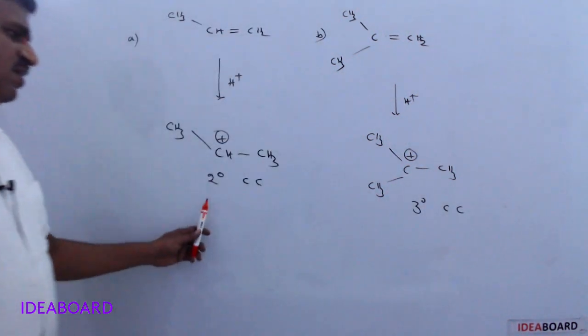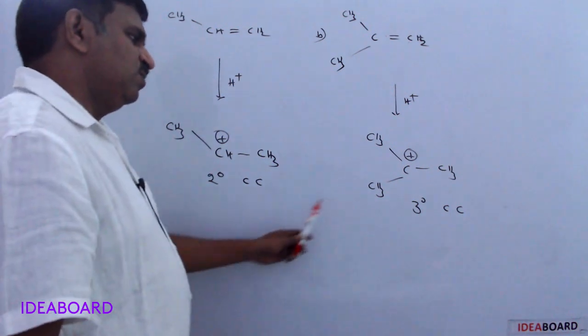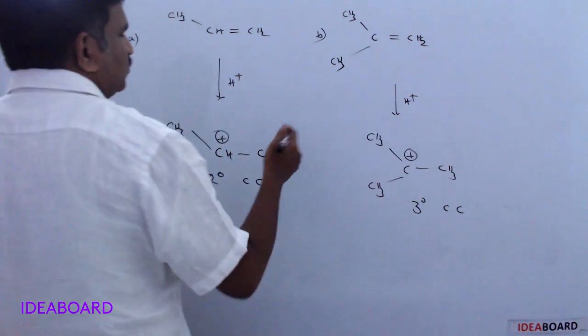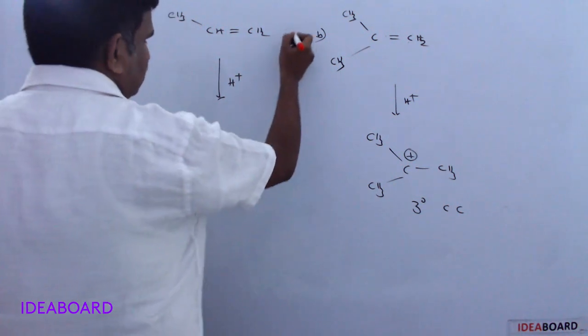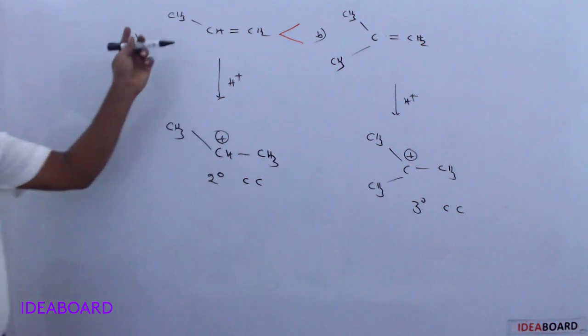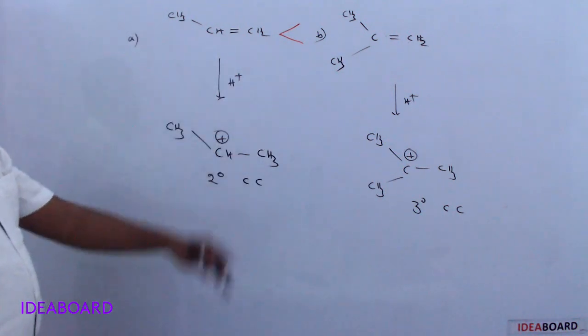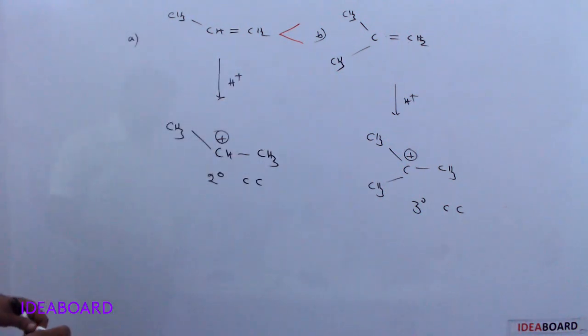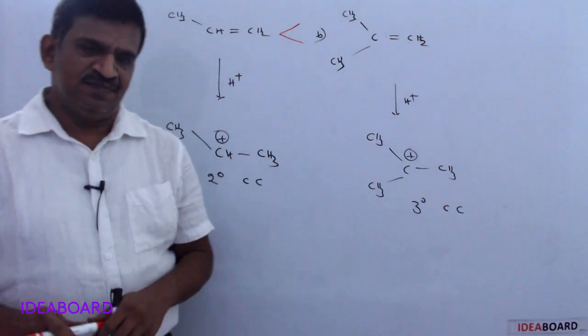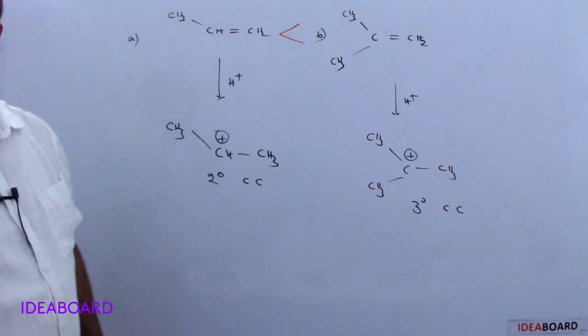Tertiary is always more stable than secondary. So the second compound is more reactive than the first towards acid catalyzed hydration. Largely it depends upon the stability of the carbocation forming in the reaction.